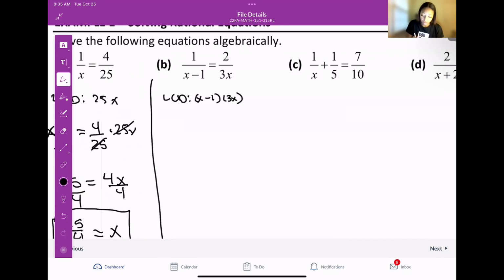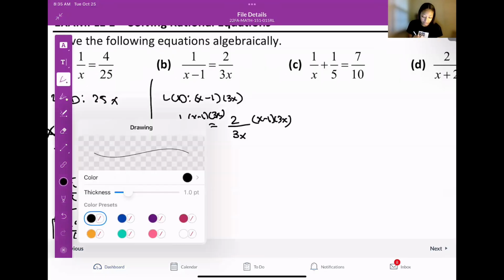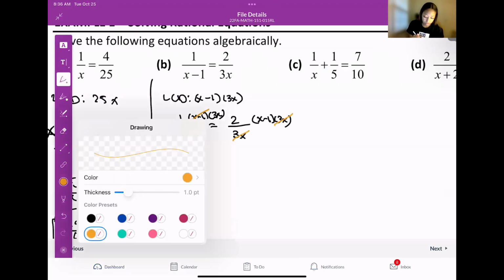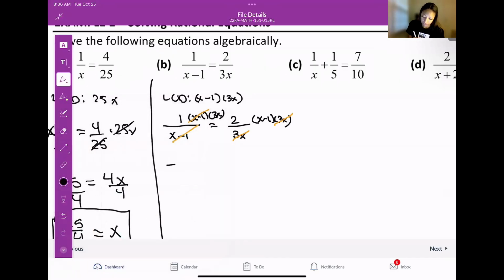Okay, so if we multiply everything by the LCD, on the left-hand side we have x minus 1 times 3x, and on the right-hand side we have x minus 1 times 3x. Stuff cancels. On the left-hand side, the x minus 1s cancel out, and on the right-hand side, the 3x's cancel. So we'll be left with 3x is equal to 2 times x minus 1.